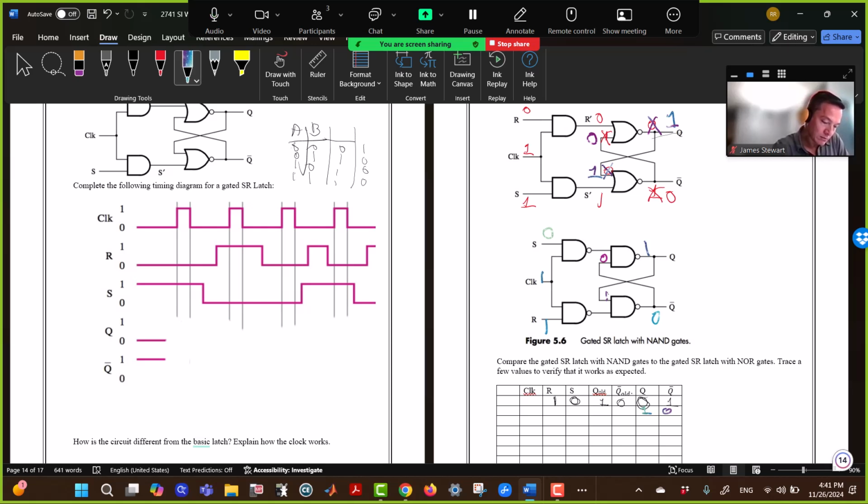And then a 0 and 1 is 0. 1 and 1 is... Oh, wait, that's a NAND. So the NAND is 1, 1, 1, 0. So a 0 NAND 0 is a 1. And a 1 NAND 1 is a 0.